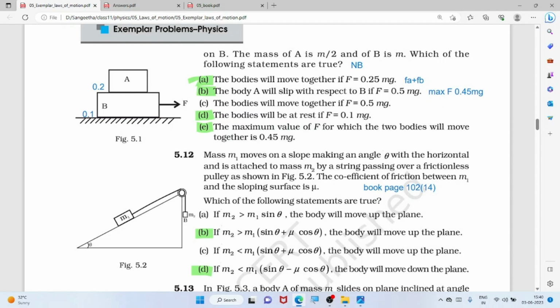So the maximum F is 0.45 mg. Okay, this is less than that frictional force. The maximum value of F, okay, this is 0.45, more than that, 0.5, it will slip. So 5.11.